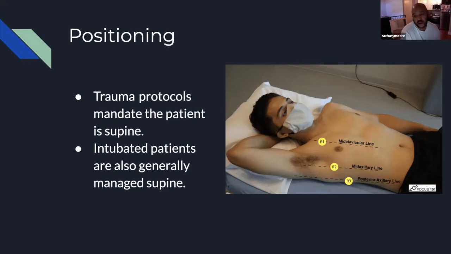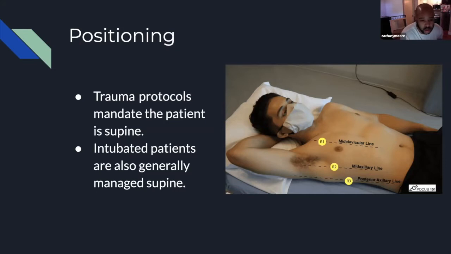But for evaluation in the ED, most of our patients are pretty conscious and aware. Some of them are a little critically ill, some of them are more stable. Those in acute distress usually sit up and try to optimize their ventilation. You might see them hunching over and so forth, while others are just sitting comfortably texting.